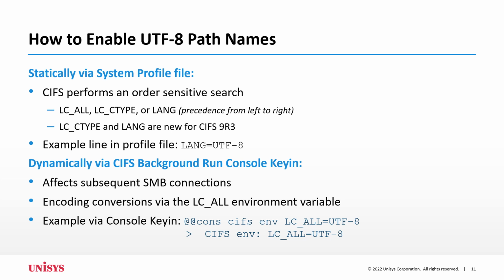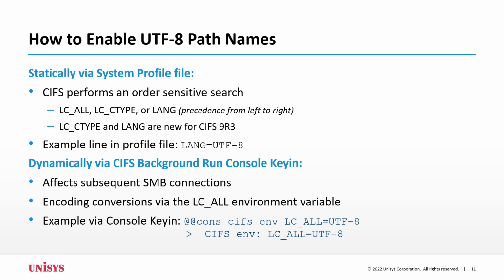If you have write access to the system profile file, then you can set LC all, LCC type, or lang to be equal to UTF-8. Note that LC all will take precedence over LCC type, and LCC type will take precedence over lang.